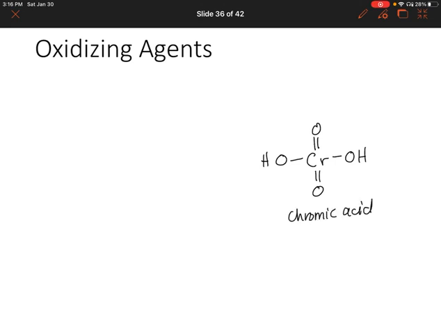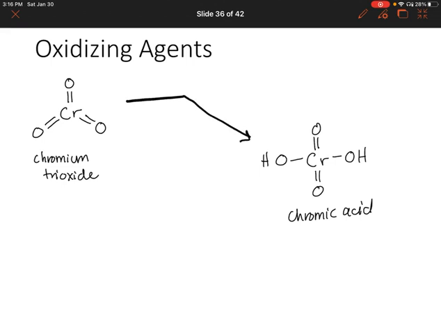Now, there are 2 different ways that we can make chromic acid. You could start with something called chromium trioxide, which looks like this. And then you just treat that with sulfuric acid and acetone. Or you can start with something called sodium dichromate.